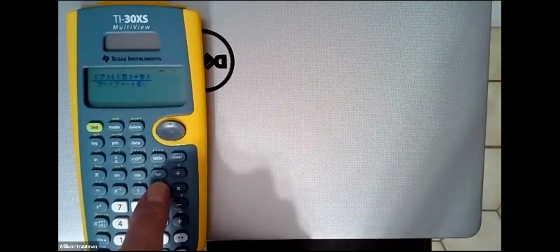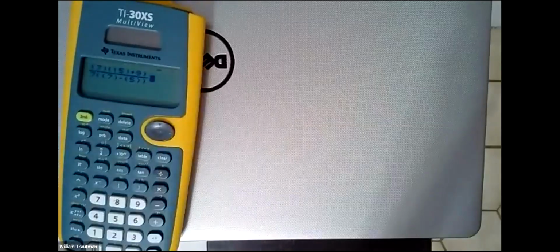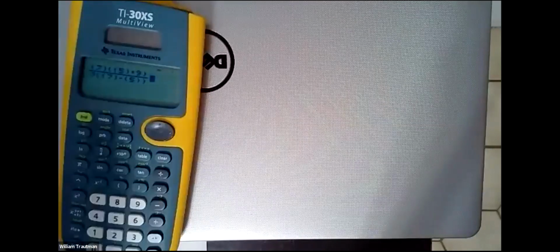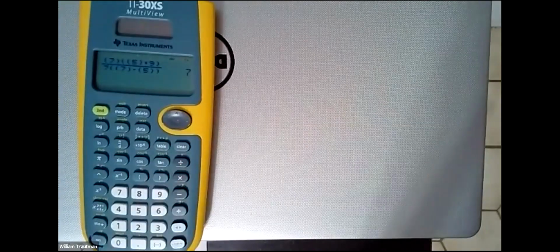Do you see? You could get it wrong easily. And then finally there was a closing parentheses. So this is what it should look like if you typed it in exactly as we did. Put the parentheses for each letter, then plug the numbers into the parentheses. This is what it should look like, and you do get a positive 7 when you get the answer.